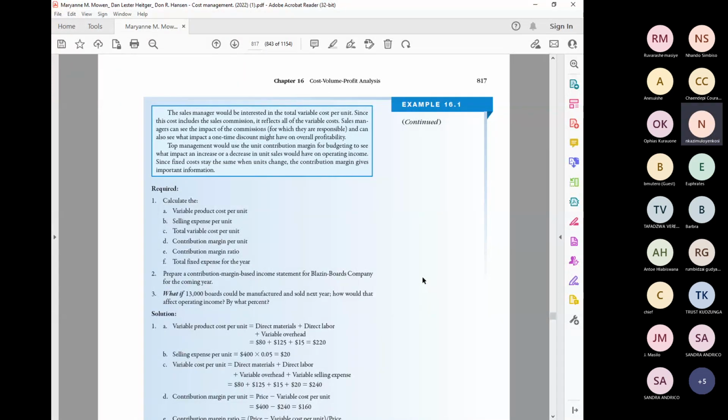Prepare a contribution margin based income statement for Blazin Boards Company for the coming year. 3. What if 13,000 boards could be manufactured and sold next year? How would that affect operating income? By what percent?